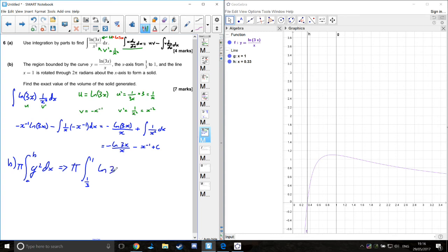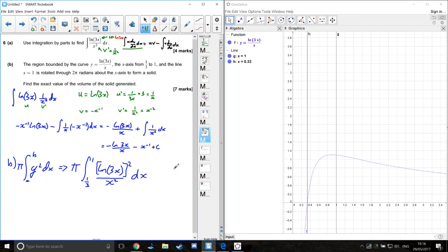Y squared is this thing all squared, so oh, that's dreadful. Ln 3x, and it's the whole thing squared, so I'm adding some nice square brackets there, all over x squared with respect to x.